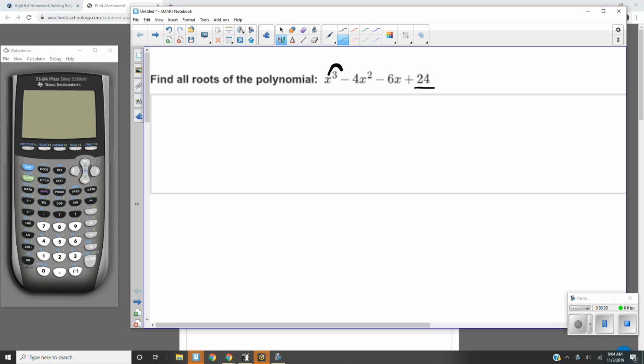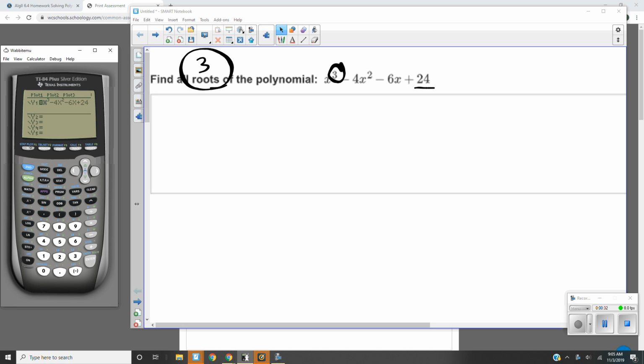So the biggest exponent in this problem is 3, which remember means we will have 3 roots or 3 solutions. You should probably start this problem by going to your calculator, going to y equals, typing that in, and graphing it. Here you can see one of your answers is x equals 4.